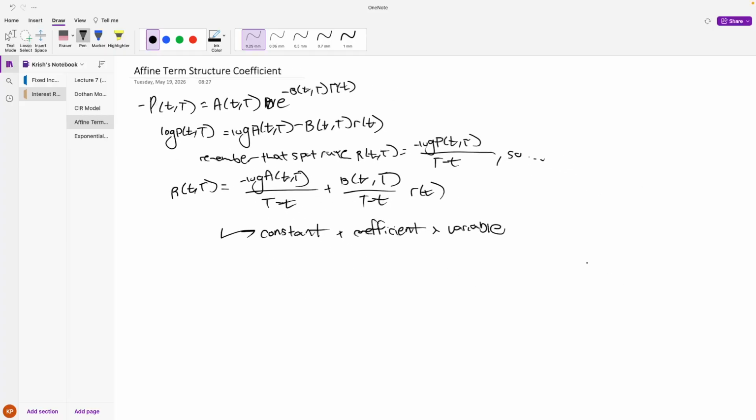The part I do want to talk about is, what are the conditions exactly that made CIR or Vasicek affine, right?